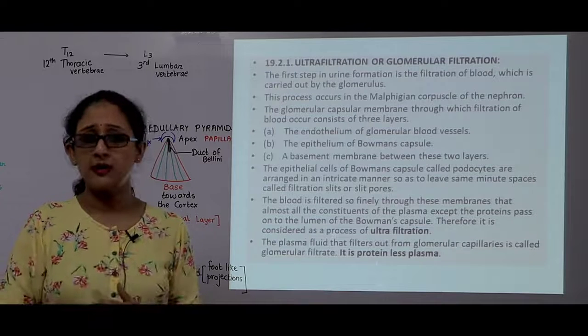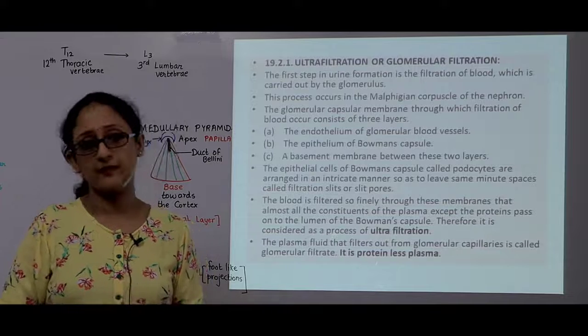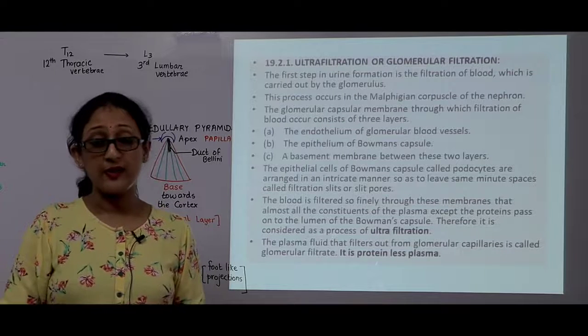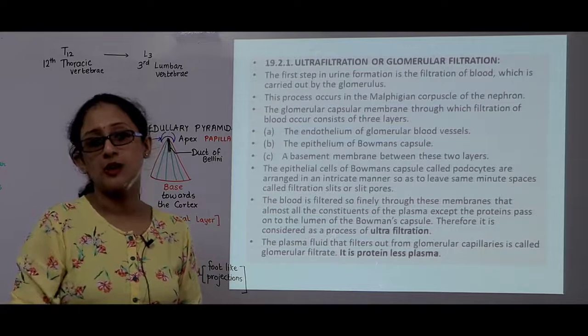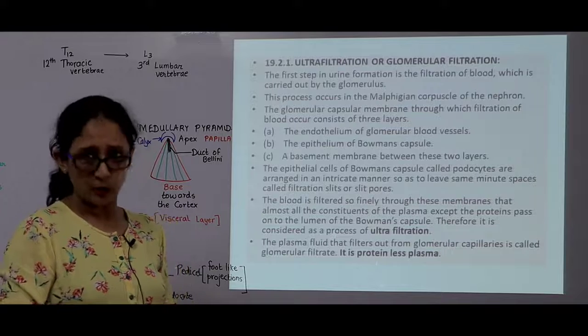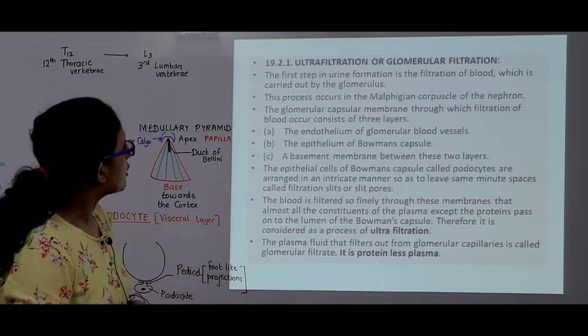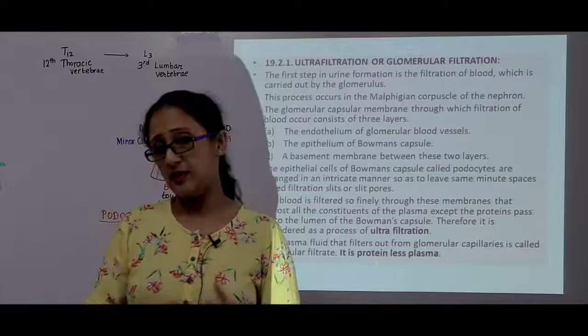Now, do you remember the structure of the Malpighian corpuscle? I told you there is a larger diameter afferent arteriole and a smaller diameter efferent arteriole. So there is a difference between the diameters.